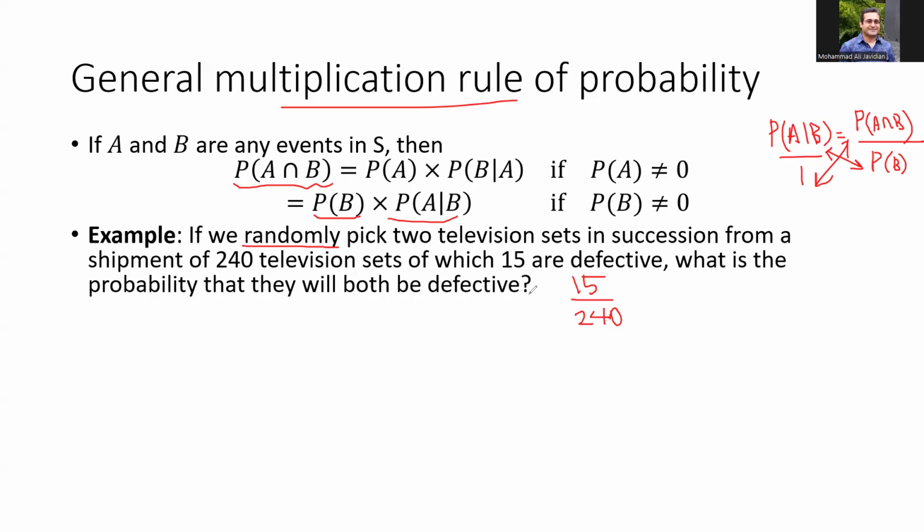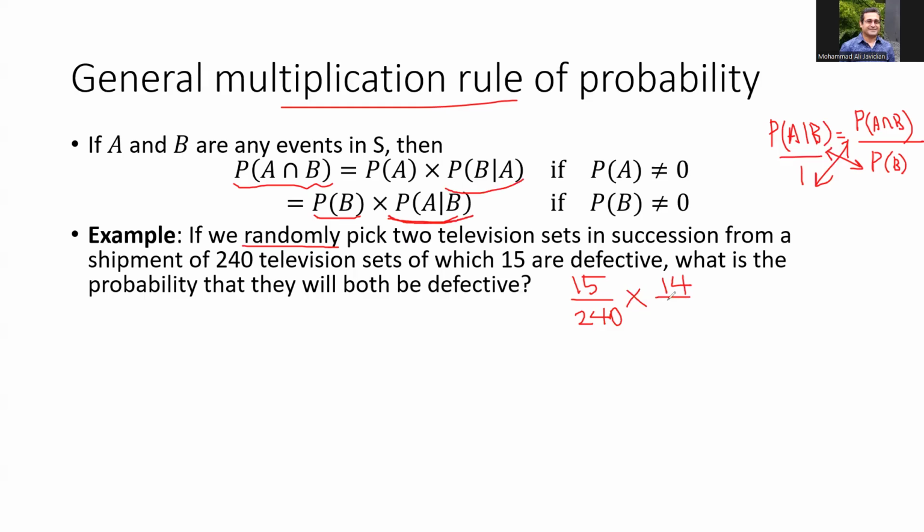And for the second one, the second one also is defective. We want to compute the probability of both being defective. And we know that the first one also is defective. So how many defective TVs remain? It's 14. So you see how this is related to the conditional probability.